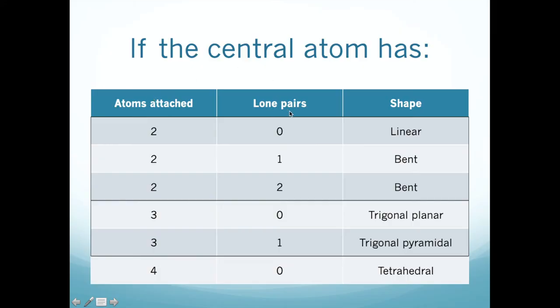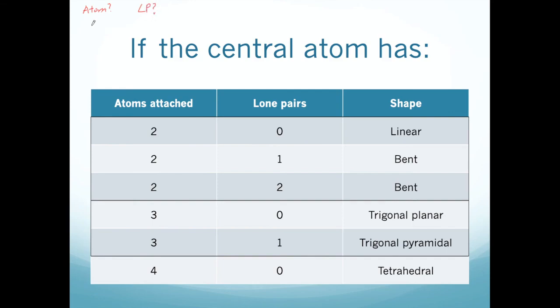Even the number of lone pairs isn't important. Does that central atom have lone pairs, yes or no? Because that'll help us group these together. So if you consider this as a checklist, we look at number of atoms, and lone pairs, yes or no.